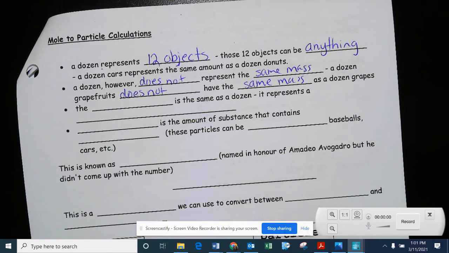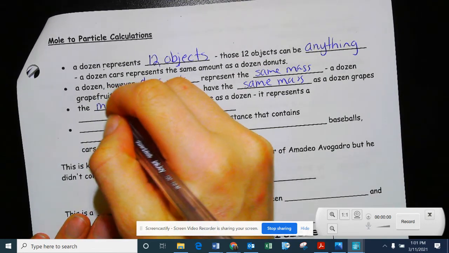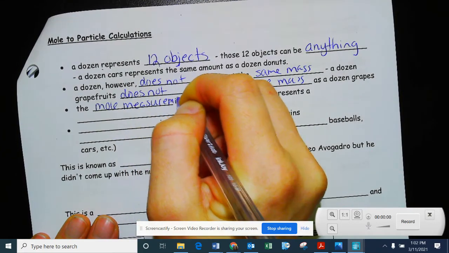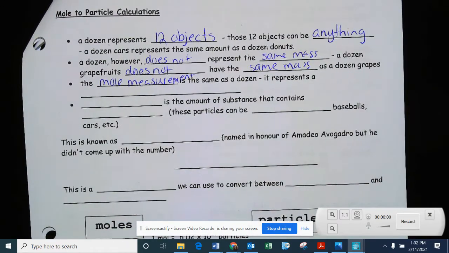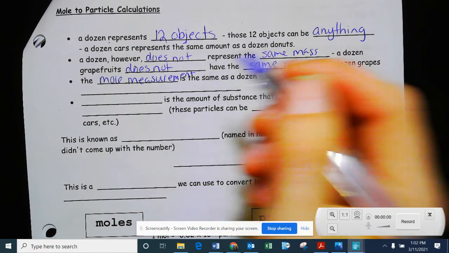Okay, so the mole measurement is the same kind of concept. It's the same concept as a dozen. So it represents just a certain number of objects.